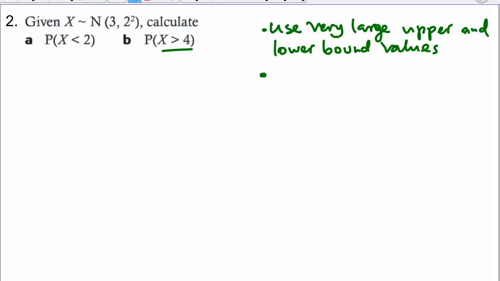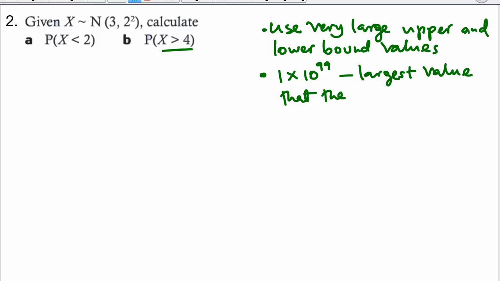And the largest value that the calculator can handle is 1 times 10 to the power 99. So this is the largest value that the calculator can handle.